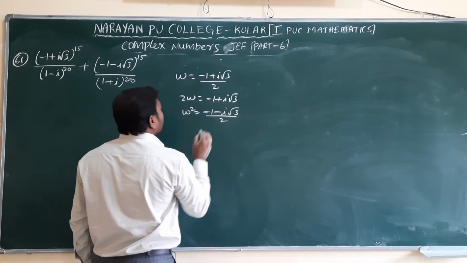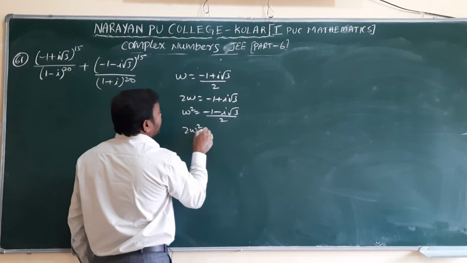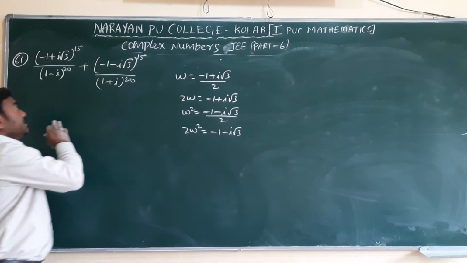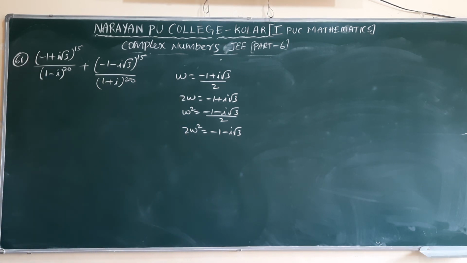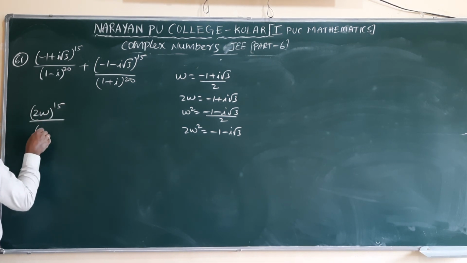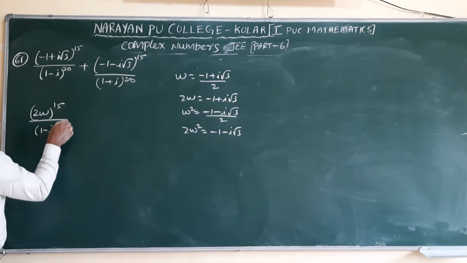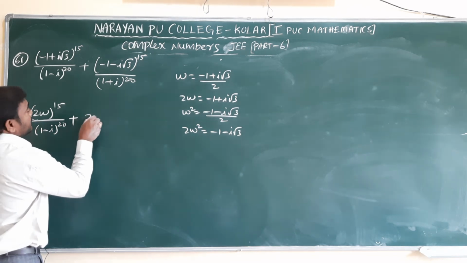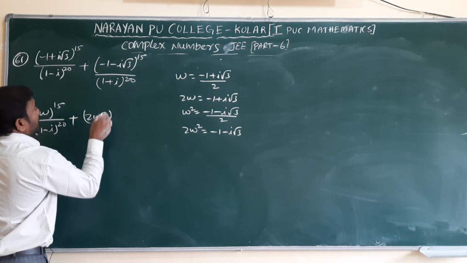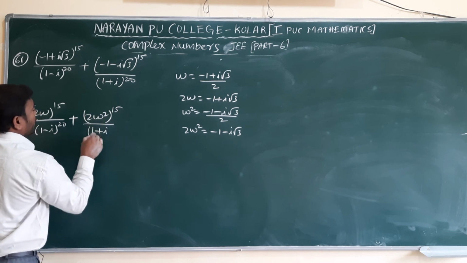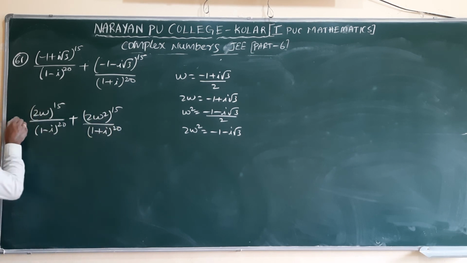Substituting these values, we get (2 omega) whole power 15 divided by (1 minus i) whole power 20, plus (2 omega square) whole power 15 divided by (1 plus i) whole power 20.